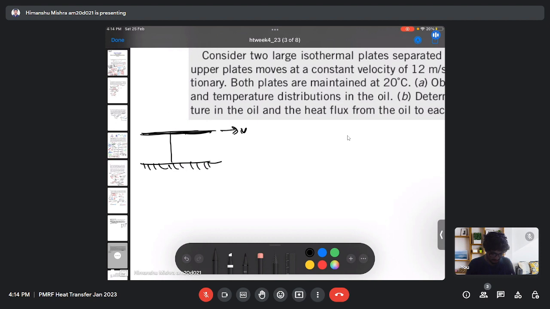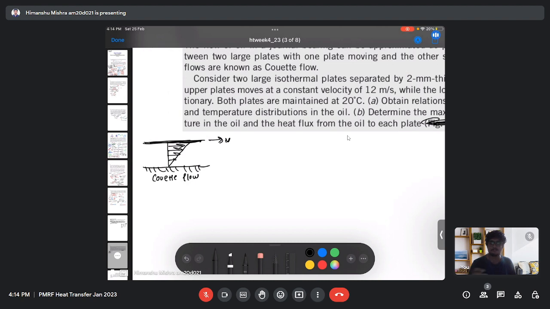So there will be a linear velocity profile due to the movement of the upper plate. This arrangement is known as Couette flow. So we need to determine the velocity and the temperature distribution for this Couette flow arrangement.